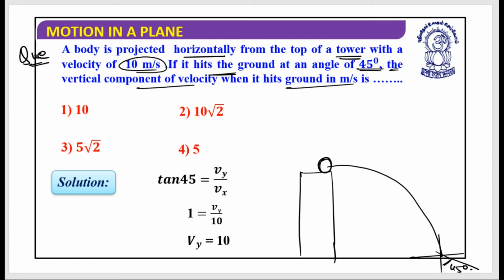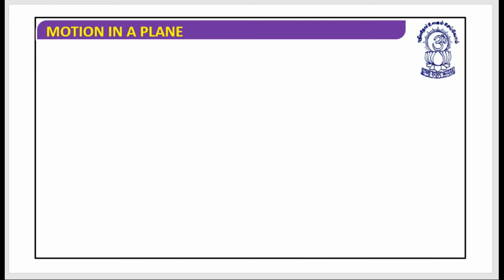So tan 45 can be written as Vy by Vx. I know that tan 45 is 1, and Vx, the horizontal velocity which never changes throughout the journey, is 10. So Vy can be written as 10, and that's it. You did it. Great. Very easy, you know.